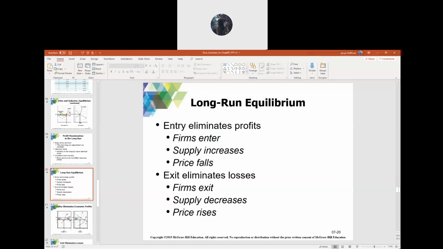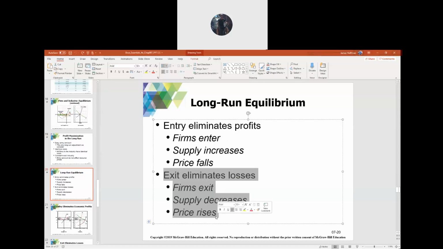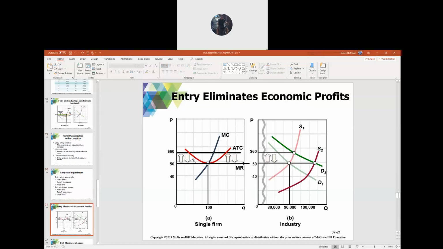So we'll kind of show that in the long run, entry is going to eliminate profits. So if there's a profit opportunity in the short run, firms enter in the long run, supply increases and prices fall. And I'll show you the graph. But if it's the other situation where there's losses being made, if firms are making losses, in the long run they're going to leave, supply is going to decrease and the price is going to go up. So look here at the relationship between a single firm and industry.